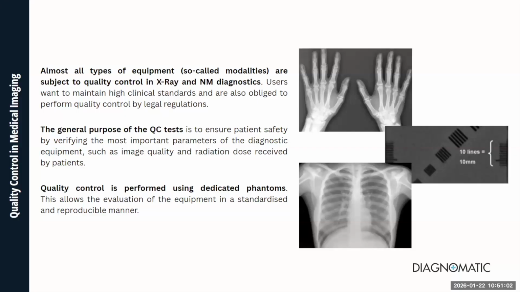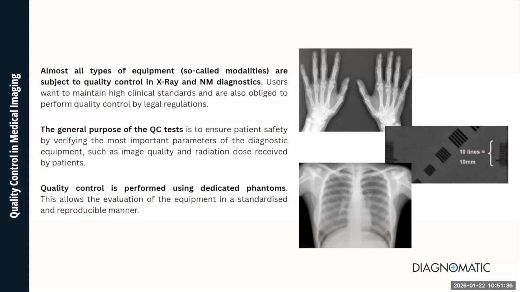Every device that uses an ionizing beam has to be checked regarding the dose and parameters that are harmful for humans. Usually the legal regulations describe and oblige the owners of the devices to maintain high standards to perform the quality control.